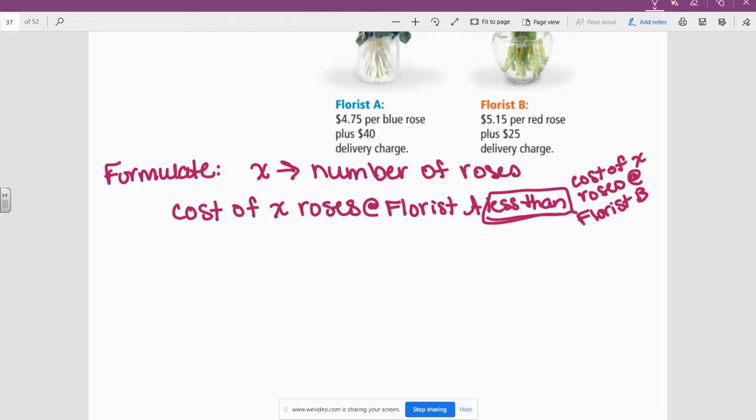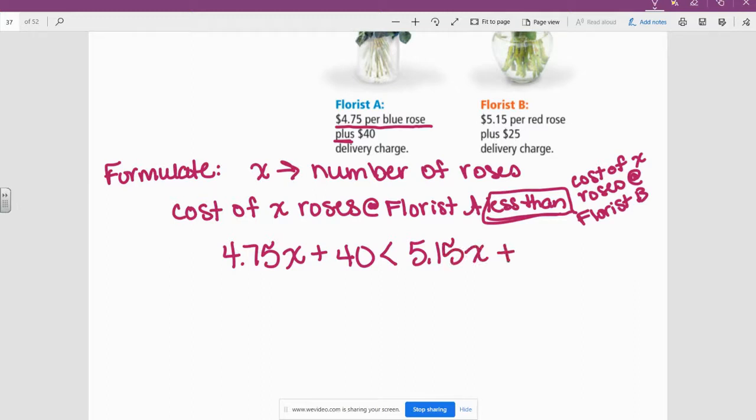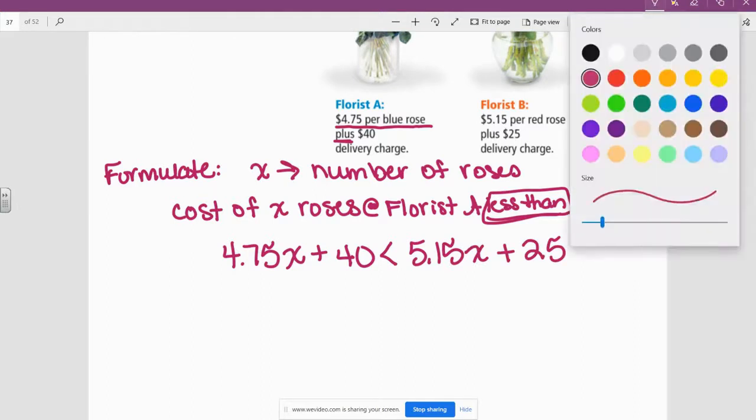The cost of roses from A is $4.75 per rose, so that'd be 4.75x plus an additional $40 delivery fee. We want to make sure that's less than, over here, $5.15 per rose plus a $25 delivery fee. So we got our equation set up.